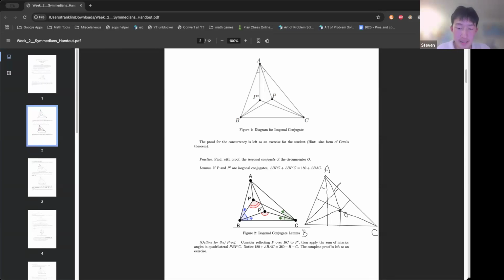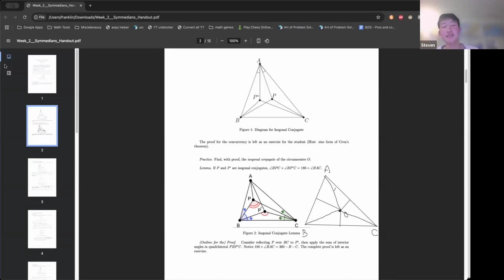It has to be on the altitude from A to BC and the altitude from B to AC and the other altitude. So it must be the intersection, which is the orthocenter. And the reason being? It has to lie on the A altitude, because then the angles won't be the same.